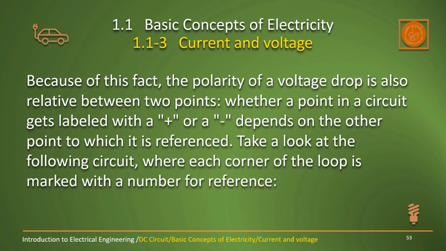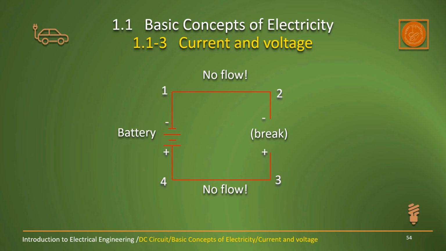Whether a point in a circuit gets labeled positive or negative depends on the other point to which it is referenced. Take a look at the following circuit, where each corner of the loop is marked with a number for reference. We connect these points 1, 2, 3, 4.